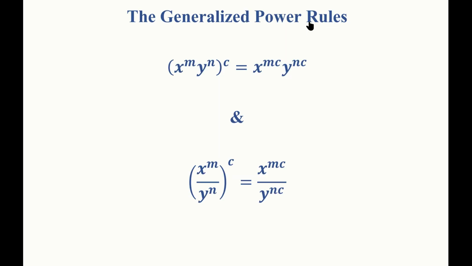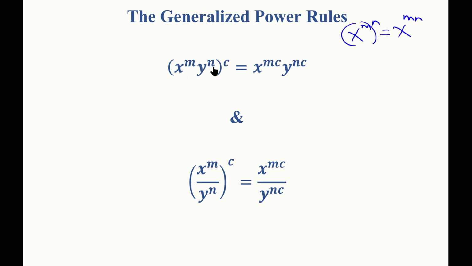Now, the power rule, which in simplest form we know is x to the m to the n equals x to the mn, has a couple of relatives which are a little bit more complex. That is what happens if instead of just one power being raised to the power of n, you have a product of two different powers raised to some exponent. The answer is very simple.